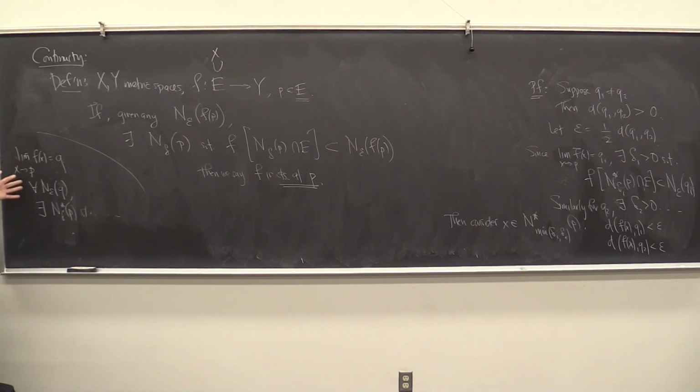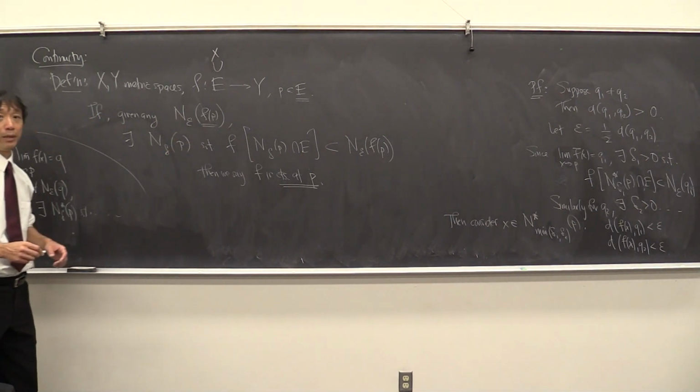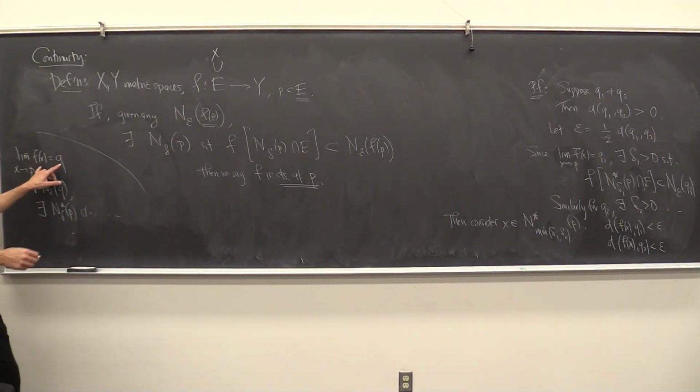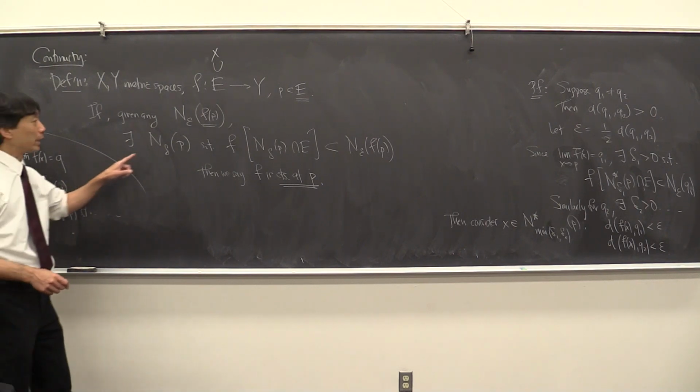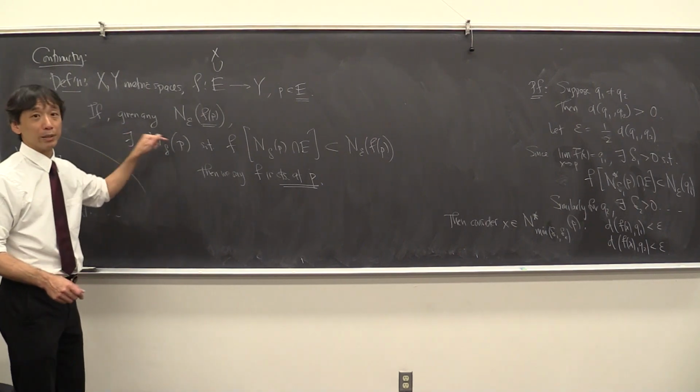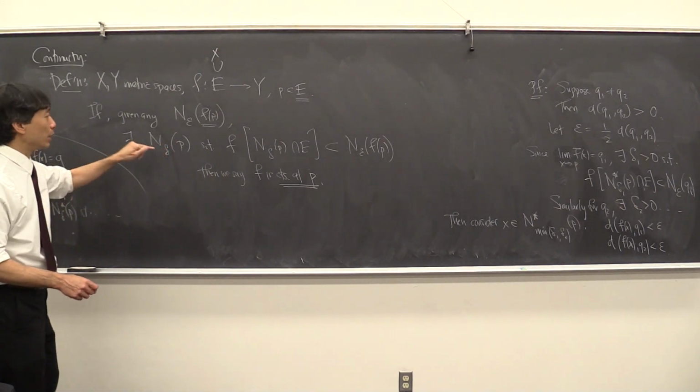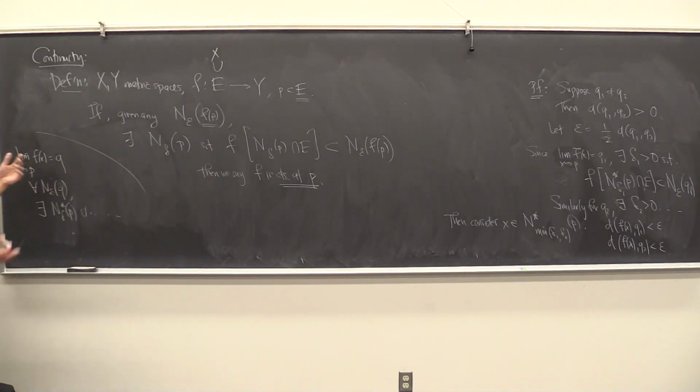So what's the difference? Yeah, in this case, instead of q, it's f at p. And the second part that's different? None of them are punctured neighborhoods. We don't care about punctured because we care about what happens at that point, whereas previously we didn't.